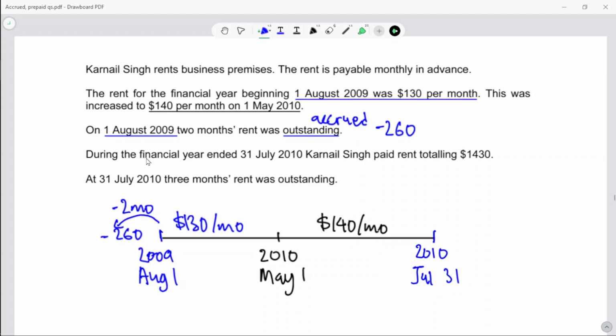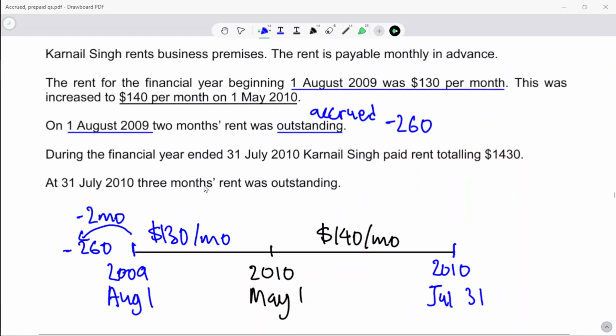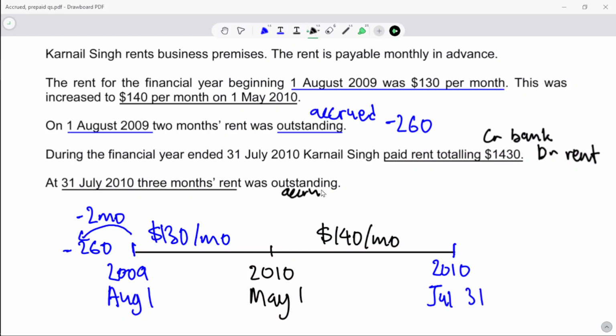So okay, let's continue. And then you pay the rent totaling this thing. So I pay rent, right? So it's credit bank, debit rent. Okay. Then this one 3-month rent, 31 July accrued, 31 July accrued to the left.